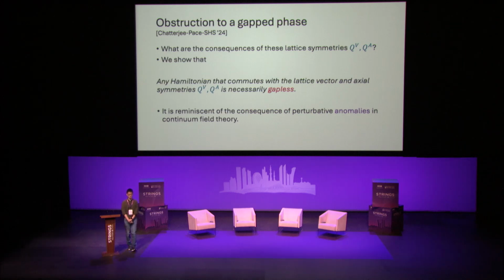But I will hesitate to call it an anomaly on the lattice. Conventionally, we define anomaly as an obstruction to gauging the global symmetry, as John defined in his talk yesterday. Here on the lattice, we have an Onsager algebra, which involves highly non-local charges. I don't know how to gauge it, but what I can say with confidence is that this lattice symmetry has similar consequences as ordinary anomalies do in the continuum limit.